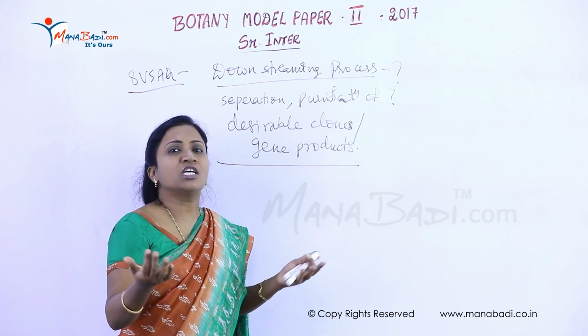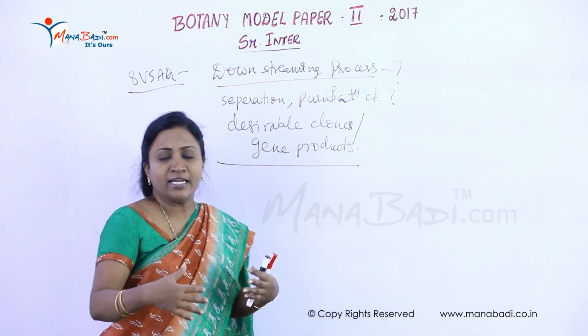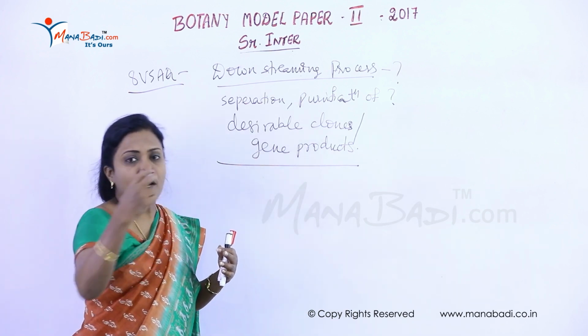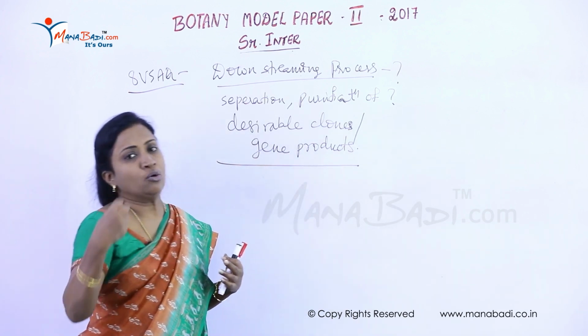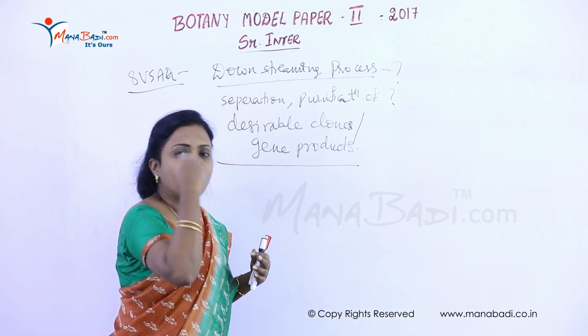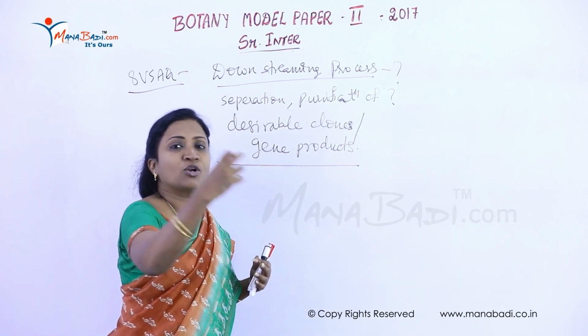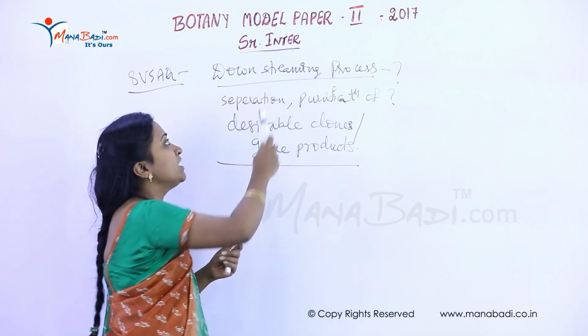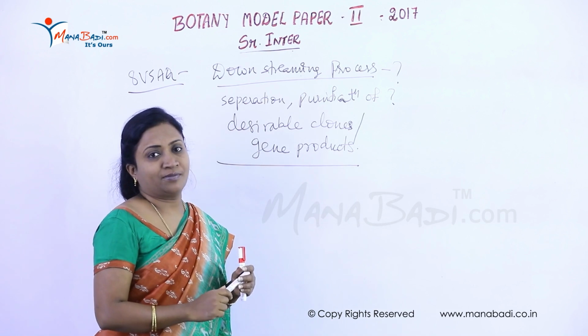Whatever products are obtained as a lump sum, we have to get the actual product or actual clones. So the desirable clones or gene products will be separated through this downstreaming process.